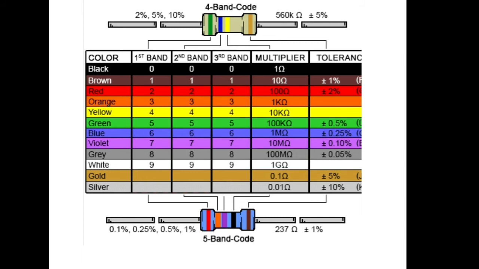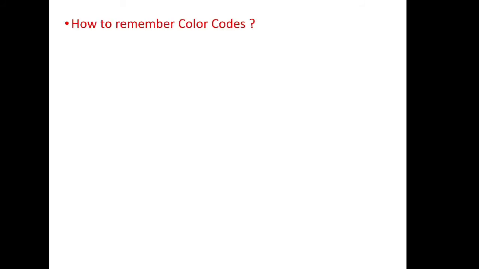The multiplier is indicated with black, which is 0, that is 10 power 0, so 237 ohms. Plus or minus 1% tolerance, because the last one is brown, and brown has a tolerance of plus or minus 1%. In this way you can find the value of the resistance based upon the color coding.